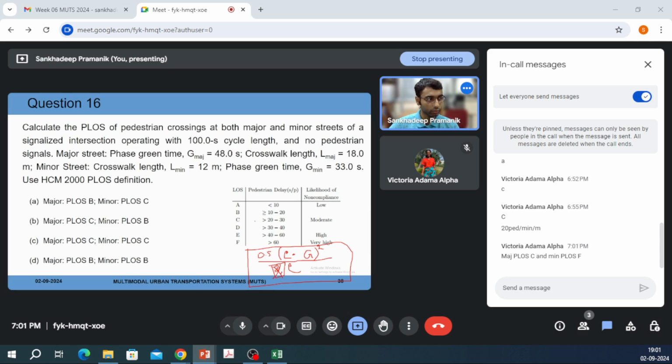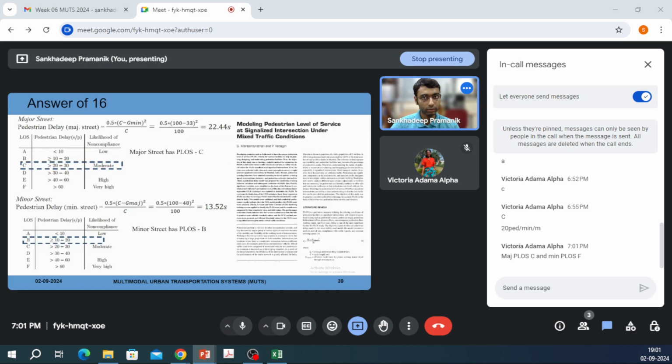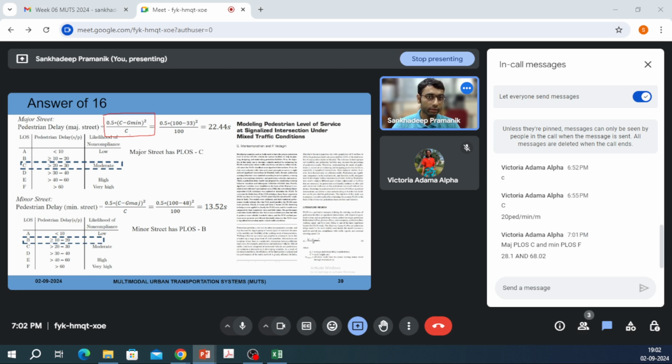Okay, minor PLS, let me calculate. This is the formula: 0.5 into (C minus G mean) by C. Are you taking G for the major street?